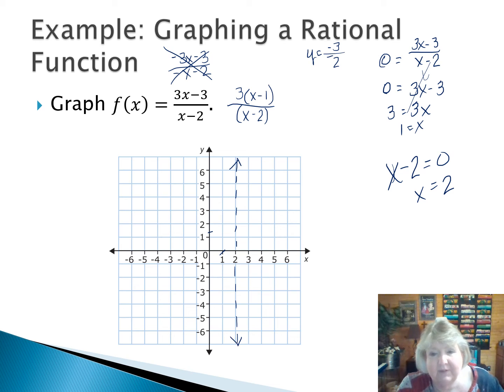To find my horizontal, it's all about degree. They have the same degree, so y equals the lead coefficient of the numerator over the lead coefficient of the denominator, which is my horizontal asymptote.